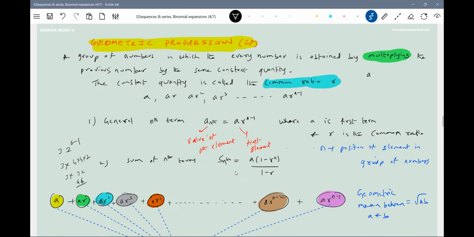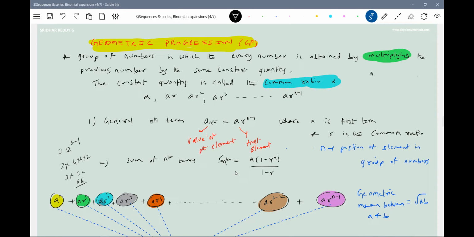A. When I multiply it, AR. This AR I'll multiply again with R. So what do I get? AR square. Okay, I'll do one thing. I'll write it here in order.